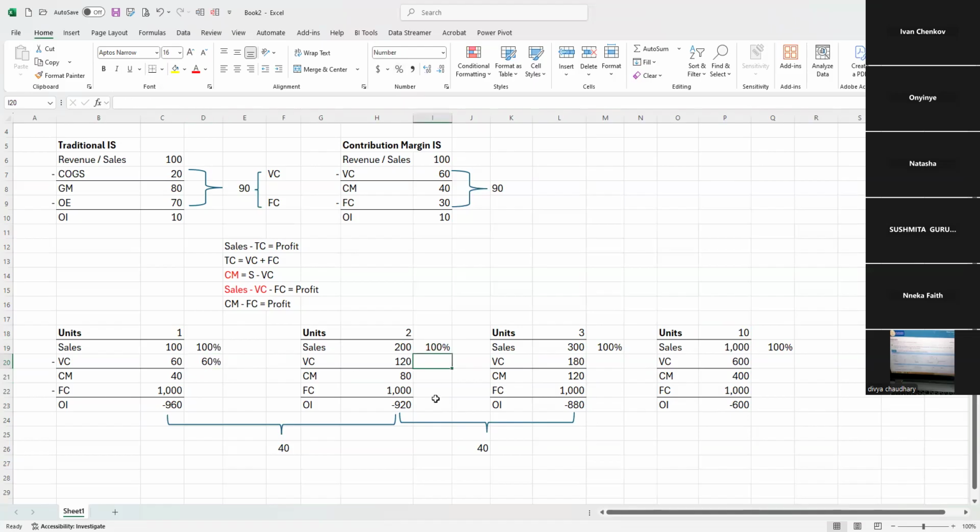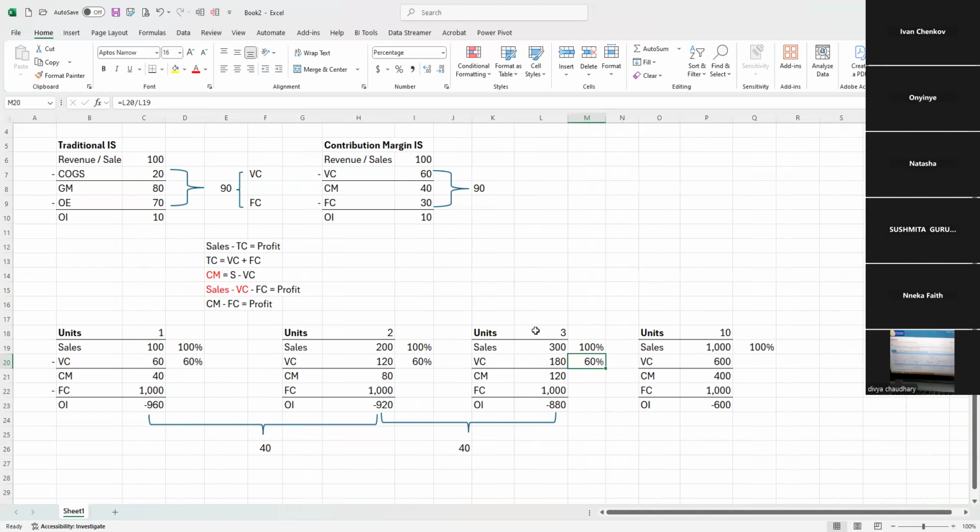How about if I'm selling 2 units? How much will my percentage of variable cost be? 120 divided by 200, which gives me 60%. How about if I sell 3 units? Still 60%. Why is that? Because it's increasing in the same ratio. We're not changing the sales and variable cost per unit.